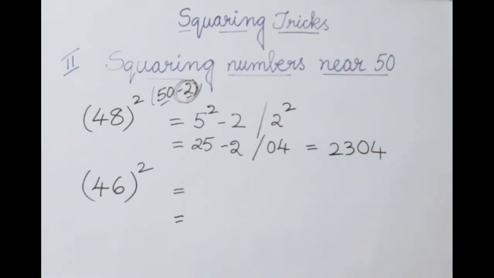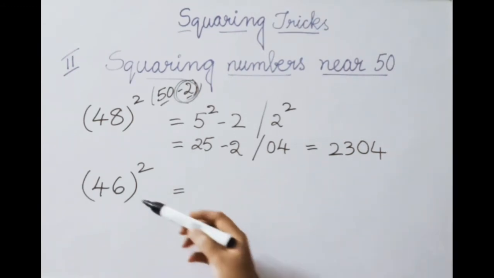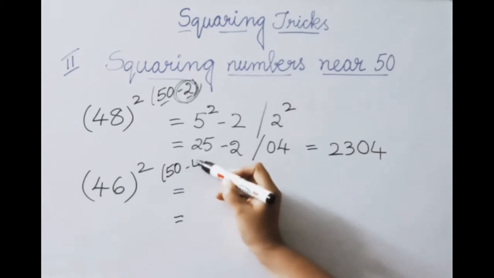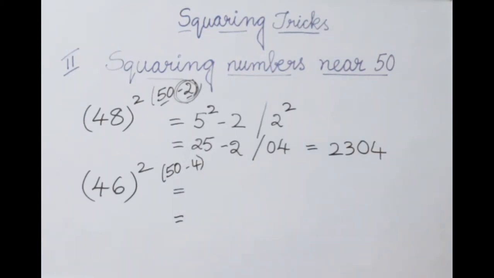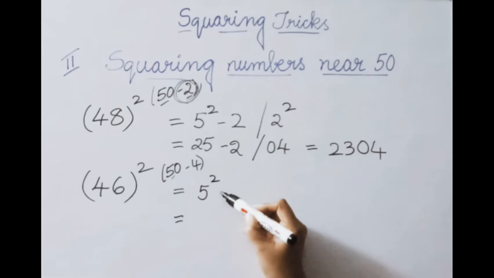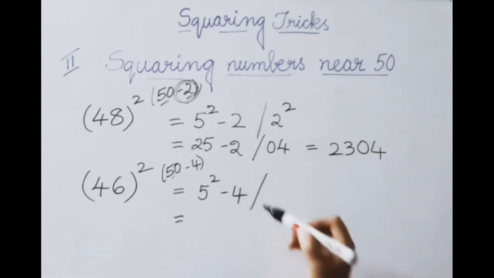Let us see the next example, 46 square. This is also nearer to 50. How can we write 46? That is 50 minus 4. So for the first part, we take this value square, 5 square, and the deficient value 4. This is the first part.